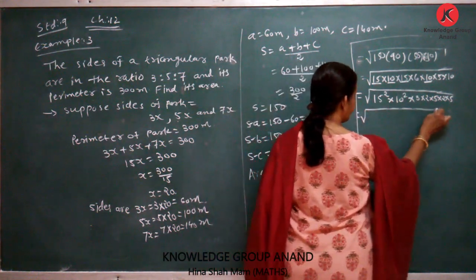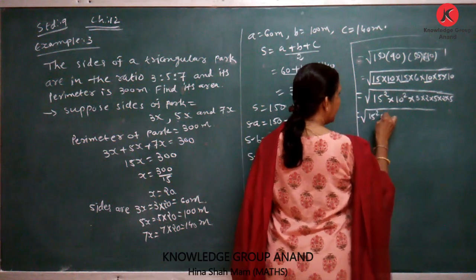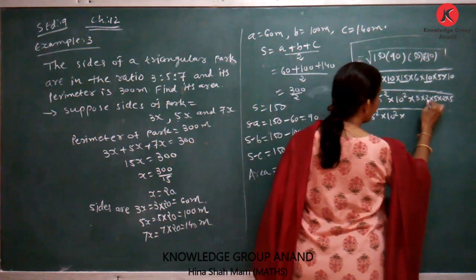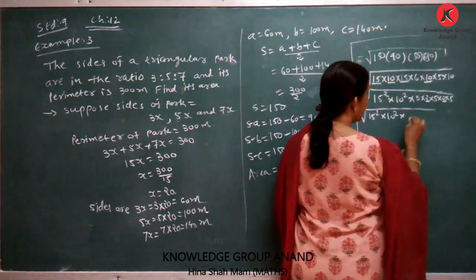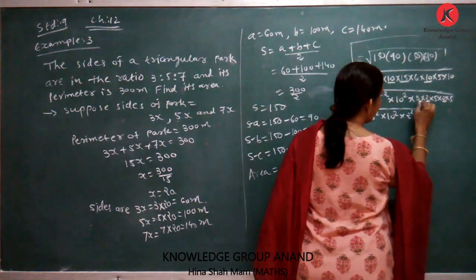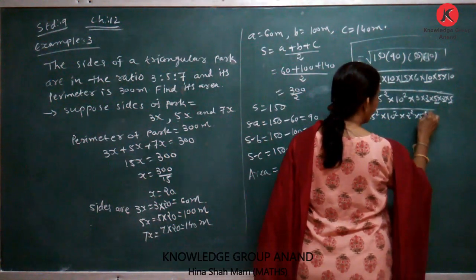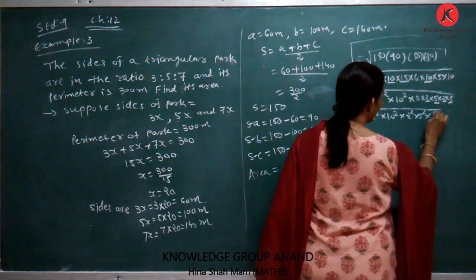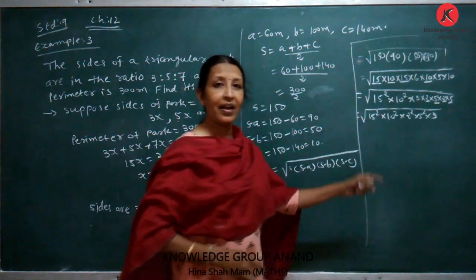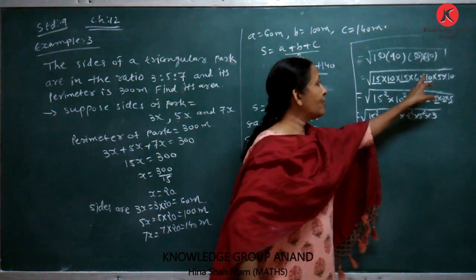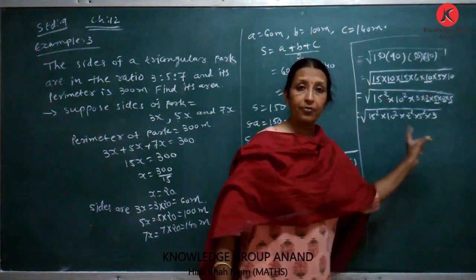Then we write 15 square into 10 square into 2 square into 5 square. Then we write here only 3. I forgot the factors of 6 and factors of 10.